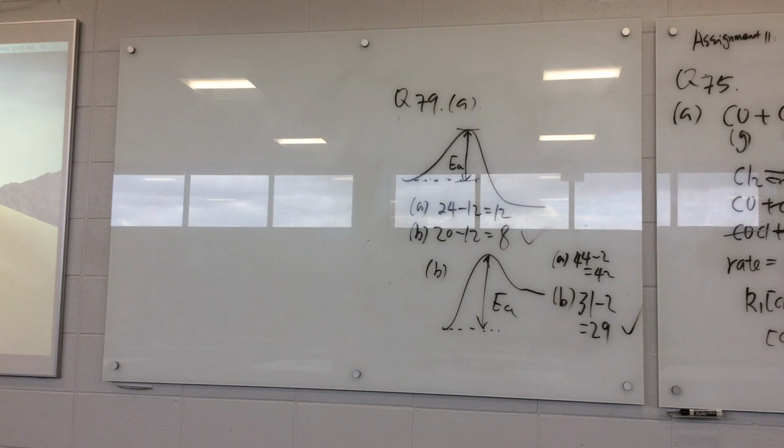Transition state is about 35 kilojoules, right? The starting state is 10 kilojoules. It's about 25 kilojoules. 35 minus 10, 25 kilojoules. For question A.